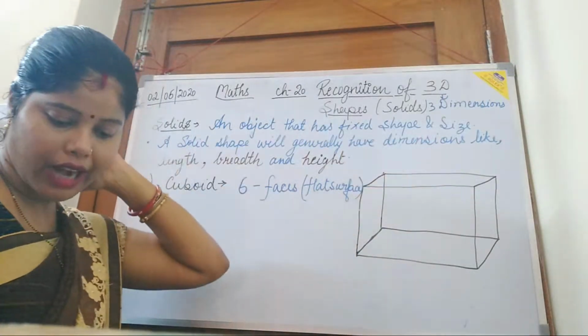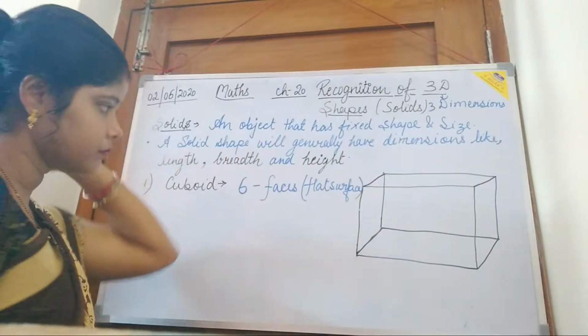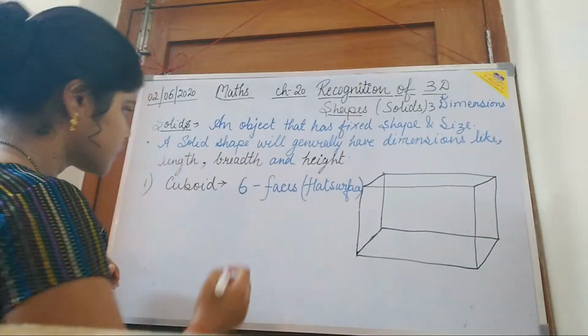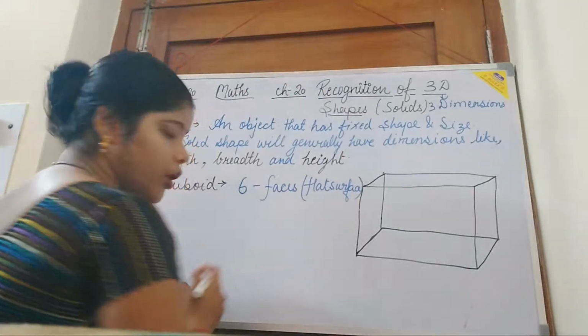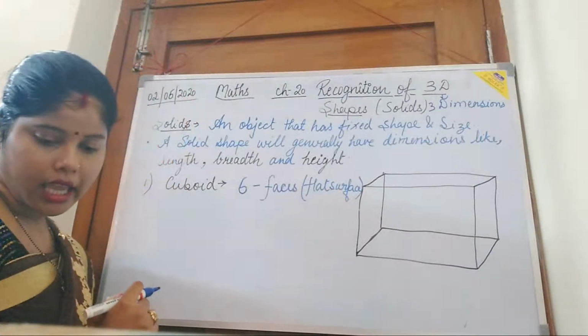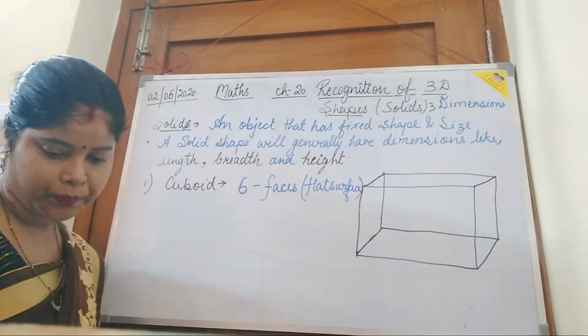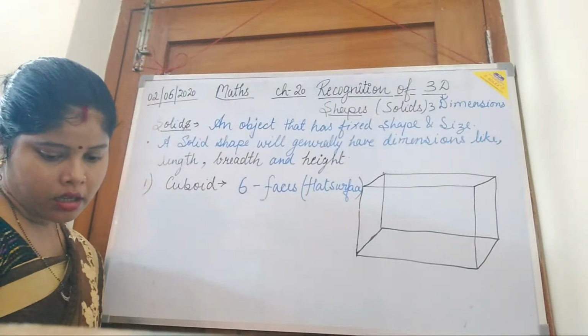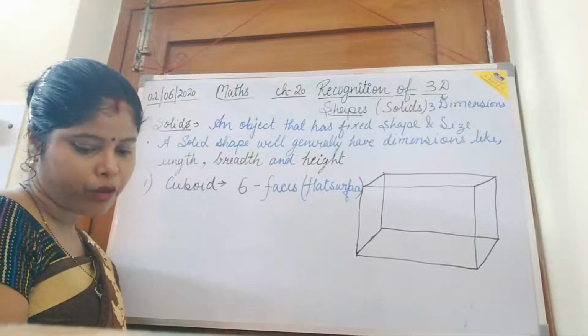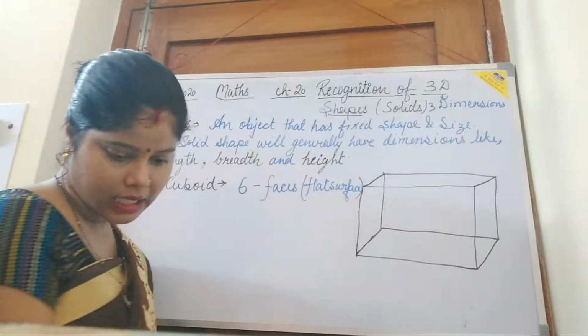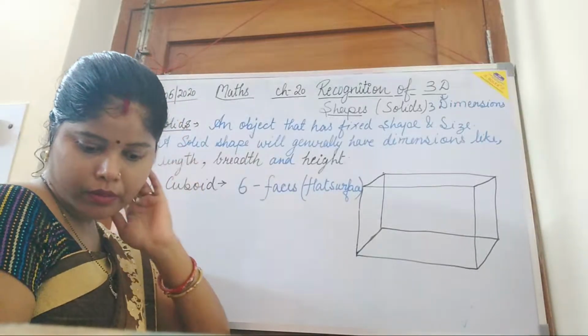Now, what do we mean by edges? An edge is a line segment formed by joining 2 faces of a solid shape.